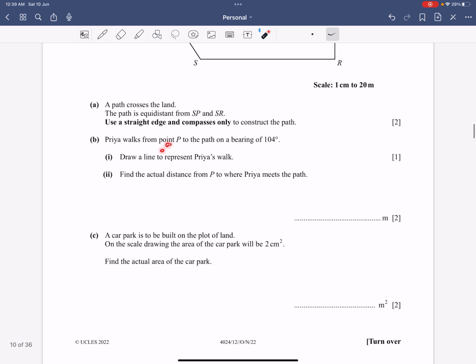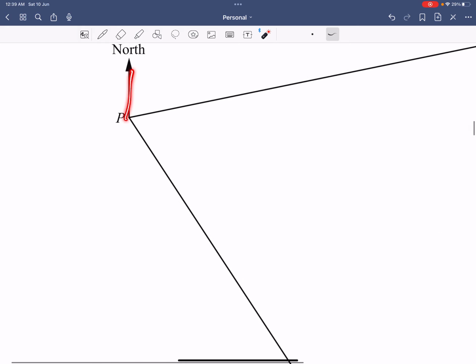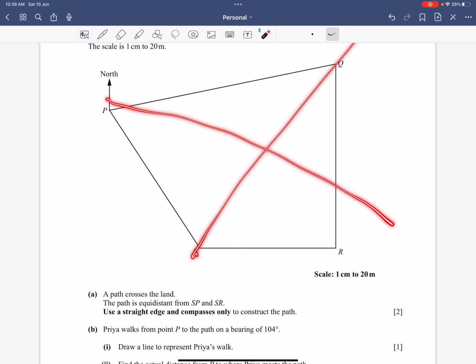Next, Priya walks from point P to the path on a bearing of 104. Draw a line to represent Priya's walk, right? So Priya's walk will be represented by, as you know, bearing is always from the north and always in the clockwise direction. So 104 degrees means 104 degrees, and this is how you'll draw the line, which will meet this right here.